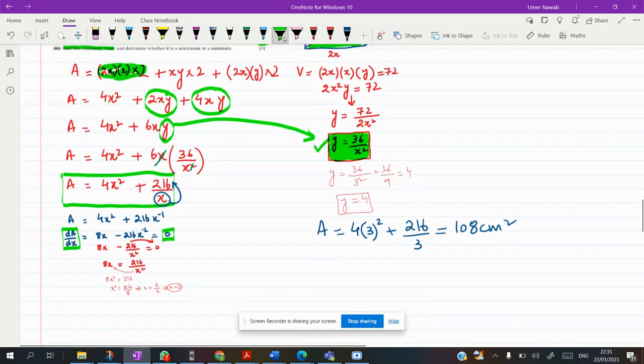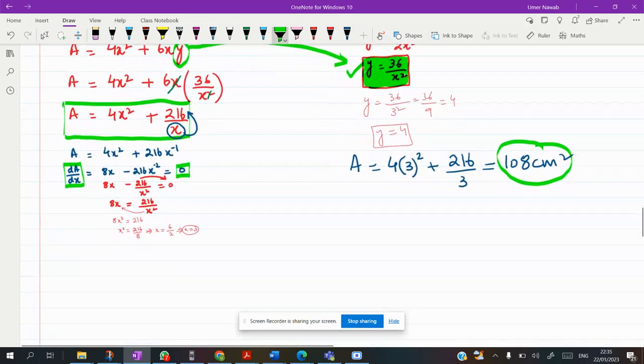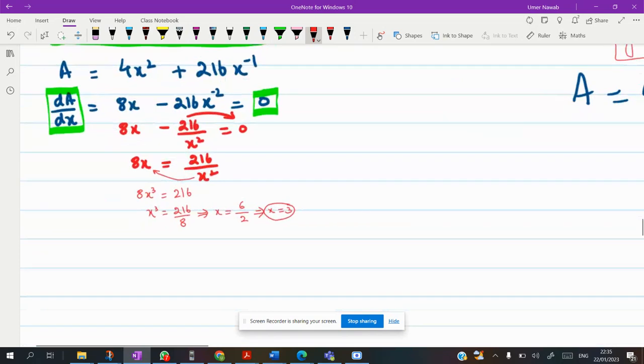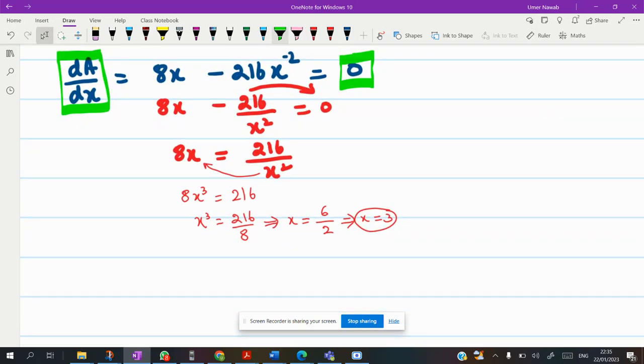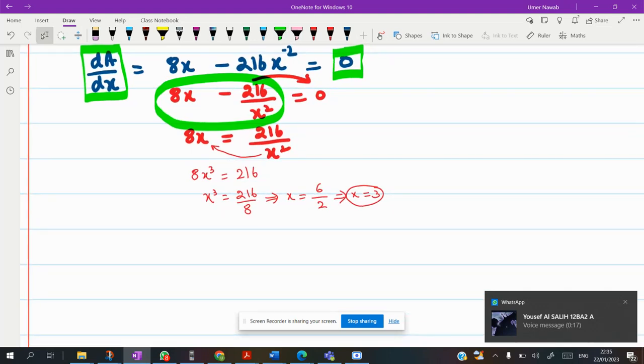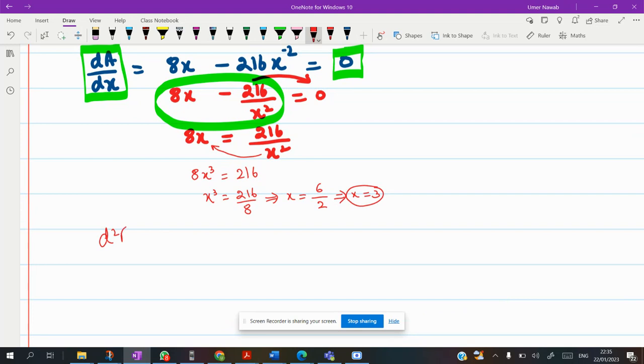But I'm not knowing whether this area is a maximum area or a minimum area. For this, I have to take another derivative, which is called the second derivative. So what is the derivative? I have found it. You remember, this was the derivative. So now I'm going to write the second derivative, d squared A over dx squared.